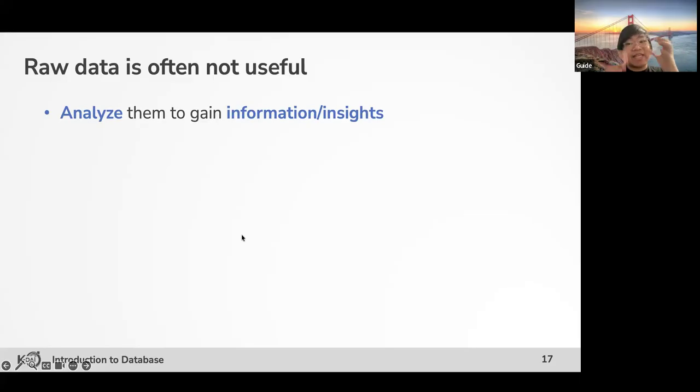Analyze means that you want to break things down into smaller pieces and find relationships between those smaller pieces. That is the meaning of analyze. Process we have learned in the last semester, right? To transform from input to another output, which is pretty similar to the word transform as well.